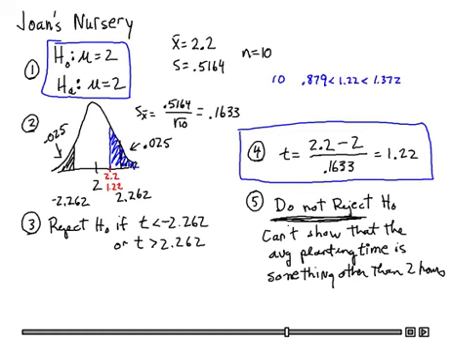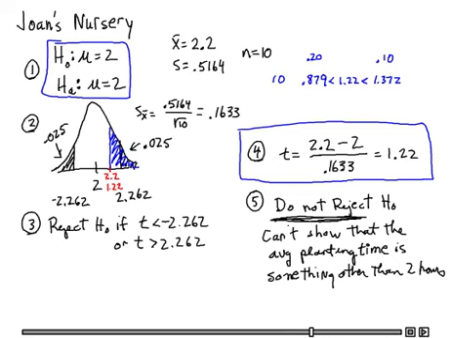Associating the 0.879 to the column value, that's 0.20, and the 1.372 is 0.10. So my p-value, well, actually, this is a two-tailed test, so I've got to be careful. My p-value isn't going to be between those two values. But the area here that I've shaded, the area above the 1.22 location, or my test statistic location, is going to be between those two values.